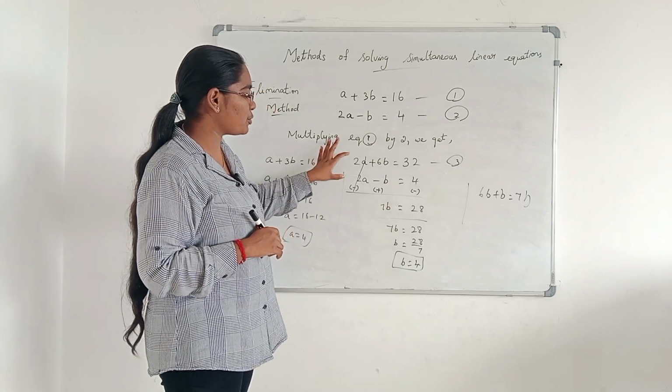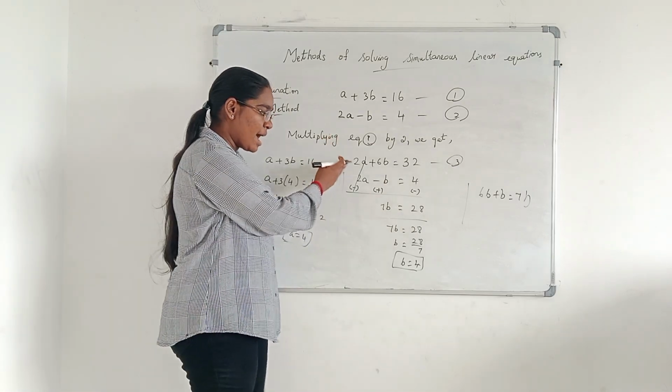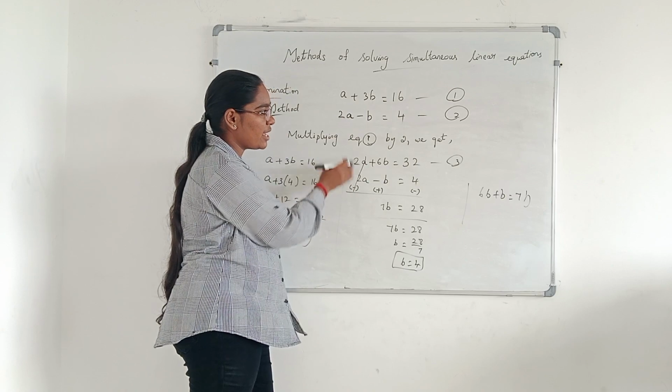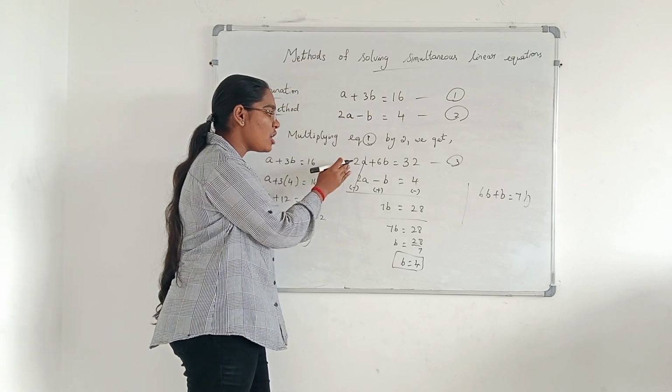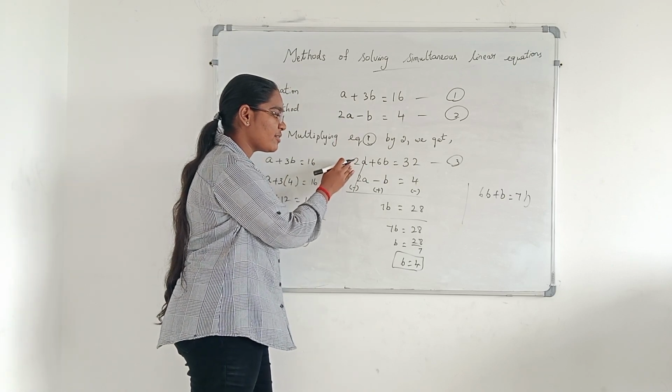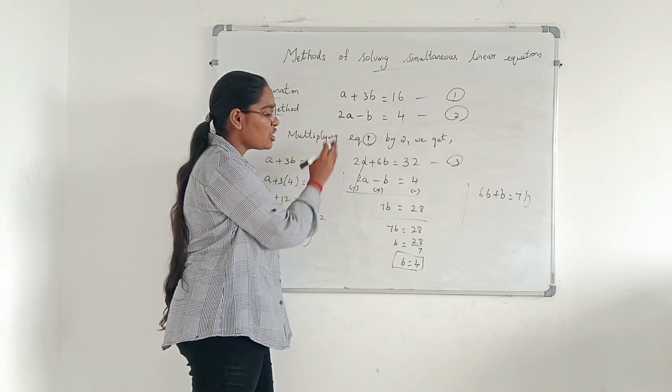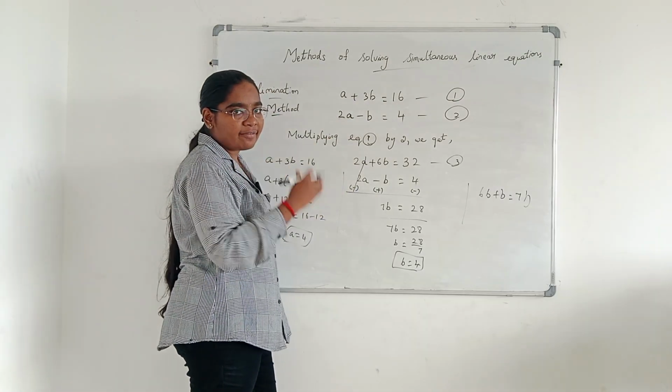Next, we either add equation number 3 to the other equation or subtract it from the other equation so that we can eliminate a variable.